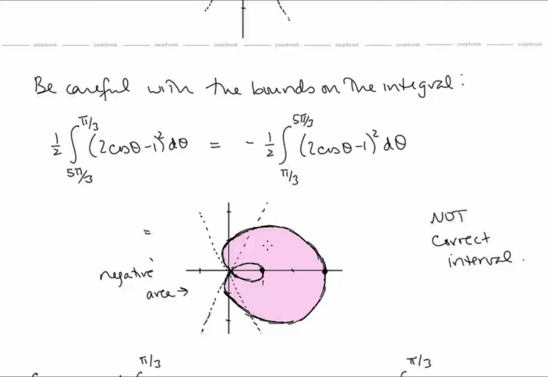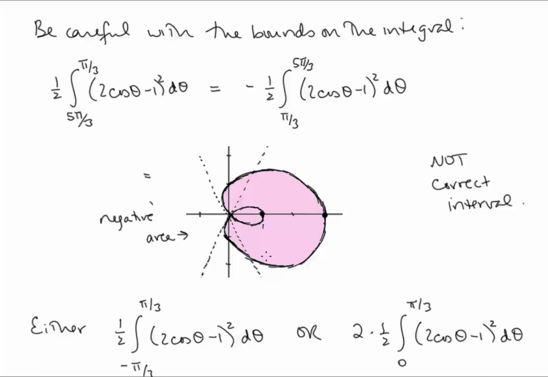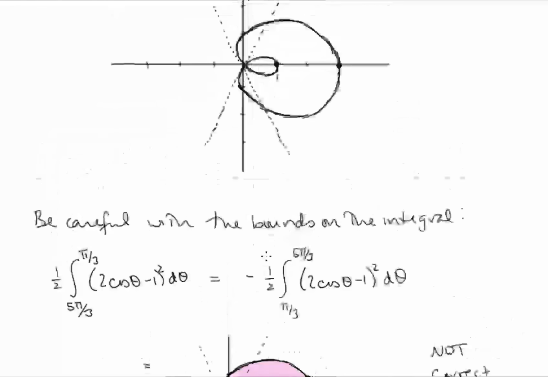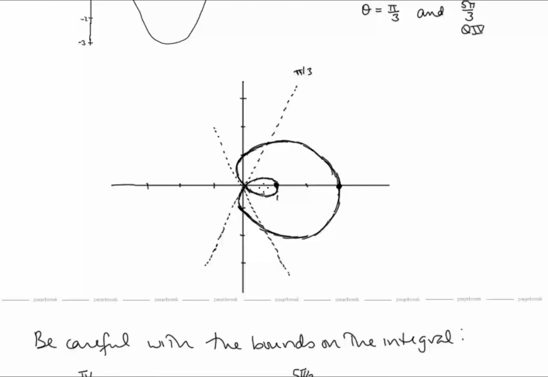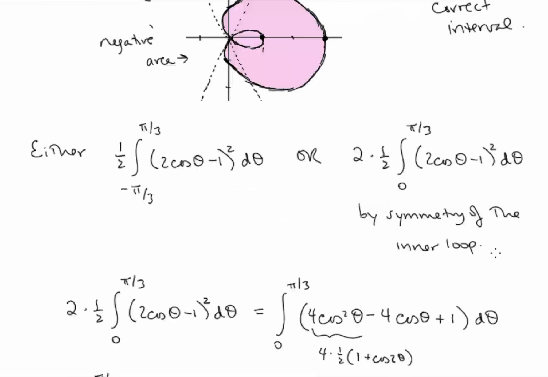And that's not what we're looking for. So we need to recognize these bounds on the inner loop either as going from negative pi over 3 to pi over 3, or we can recognize the symmetry in this inner loop and take 2 times the area from 0 to pi over 3. Those are our options there.